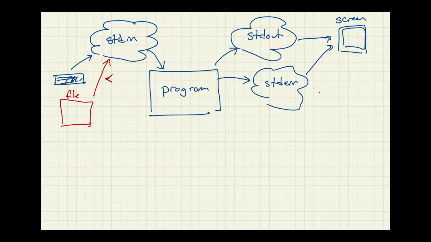And likewise, we can use the greater than sign to redirect where standard out goes. That could also go to a different file. And again, your program has no idea that this is happening. It's just sending characters to standard output, and the shell redirects it into a file.